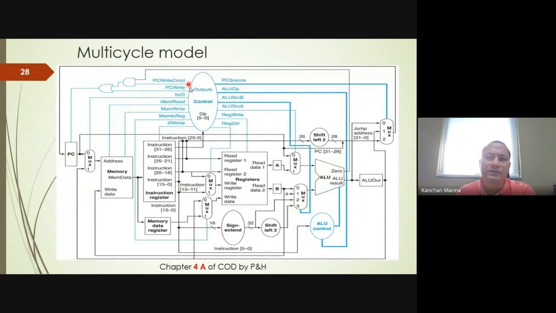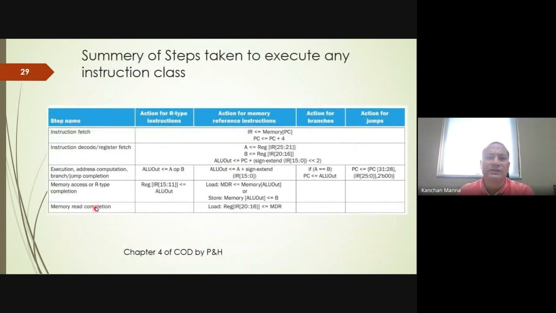So this is the controller, like you can see here, and all these control signals are coming out, and we have connected them here. This diagram has been borrowed from the book Computer Organization and Design by Patterson and Hennessy, chapter 4. These are the steps involved to design the multi-cycle approach.